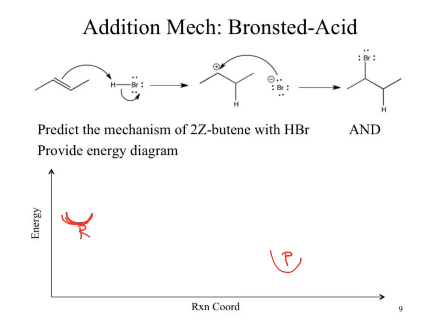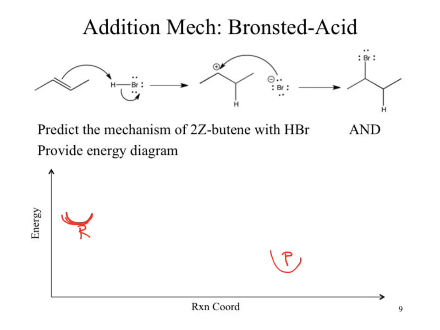Okay. This is something that's characteristic for our addition reactions. They are all almost always exothermic because you're starting at a pi bond and ending at sigma. Sigma is lower than pi. Okay. If that was all we had, then we've at least got something down, we can move on. Okay? But since we have the mechanism now, we have to draw in our intermediate. Where should that intermediate show up?